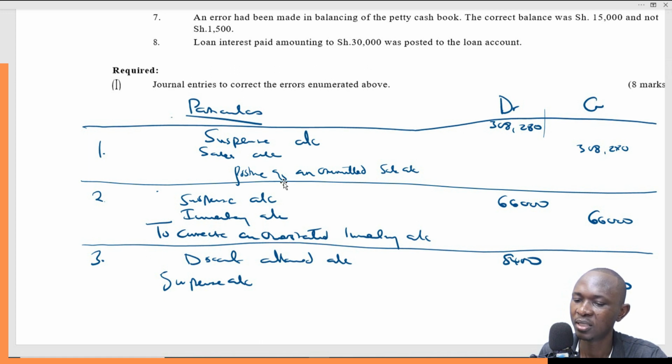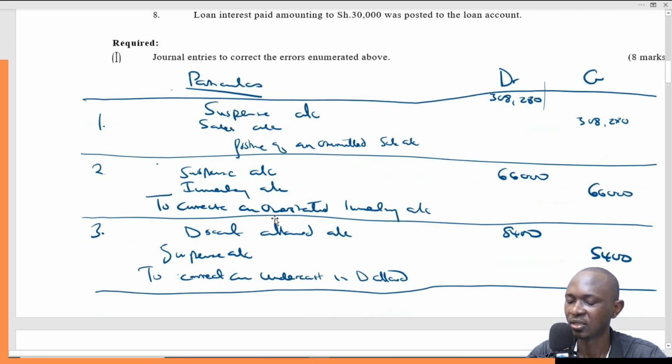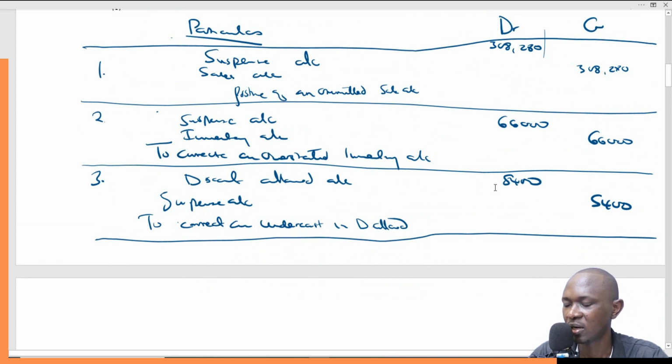You simply say to correct an undercast in discount allowed. We had left out some figure, so we are simply posting it. Discount allowed account 5,400 debit, then we credit the suspense account.